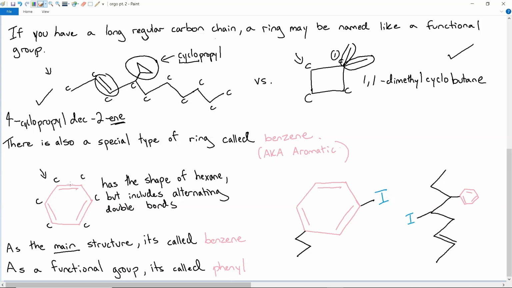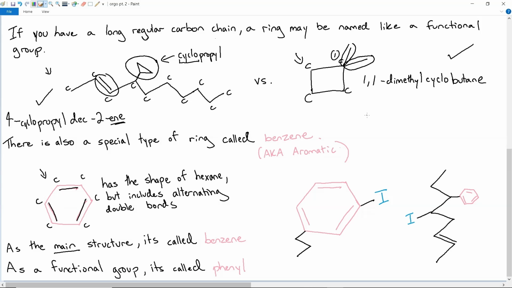However, it includes alternating double bonds. So we've got 1 here, 1 here, and 1 here. And so when we see a hydrocarbon like this, we're going to be referring to it as benzene. That is when it's the main structure.